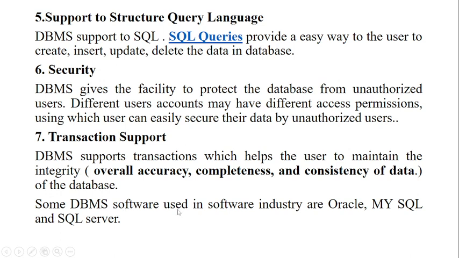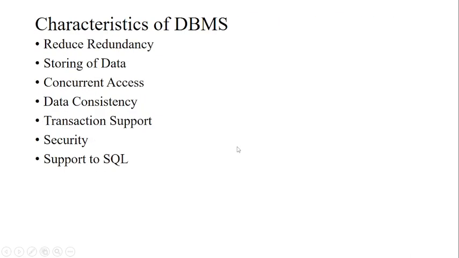Some DBMS software used in the software industry are, as we discussed earlier, Oracle, MySQL, and SQL Server. So this is all about the characteristics of DBMS: reduced redundancy, no repetitions, storing the data in the form of tables, concurrent access where multiple users can access the same database at the same time, and data consistency, so that it shows the correct data and reflects the manipulation.